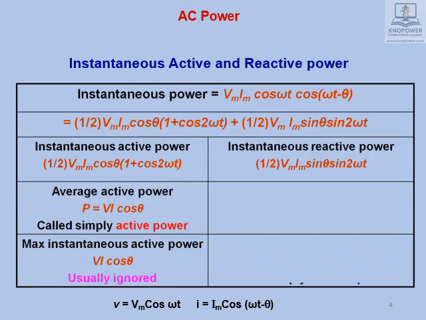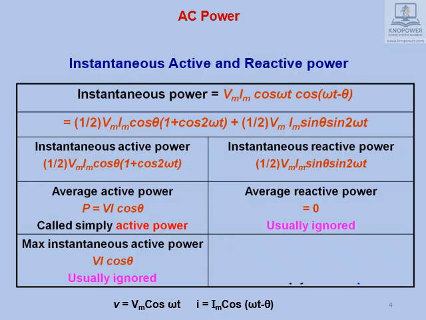The second part is instantaneous reactive power, equals 1 by 2 into Vm Im sin theta sin 2 omega t. Average value is 0, as it oscillates around the x-axis.